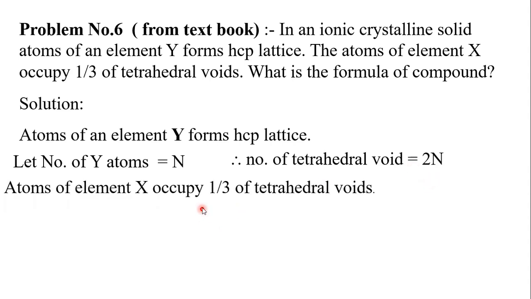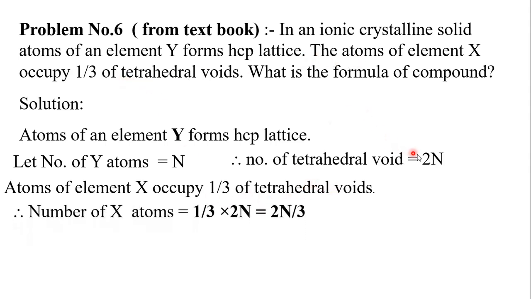And so number of atoms of X, you know that atoms of X occupy 1/3 of tetrahedral voids. So what will come? 1/3 of this. That is, number of X atoms is equal to 1/3 into 2N, that is equal to 2N divided by 3.